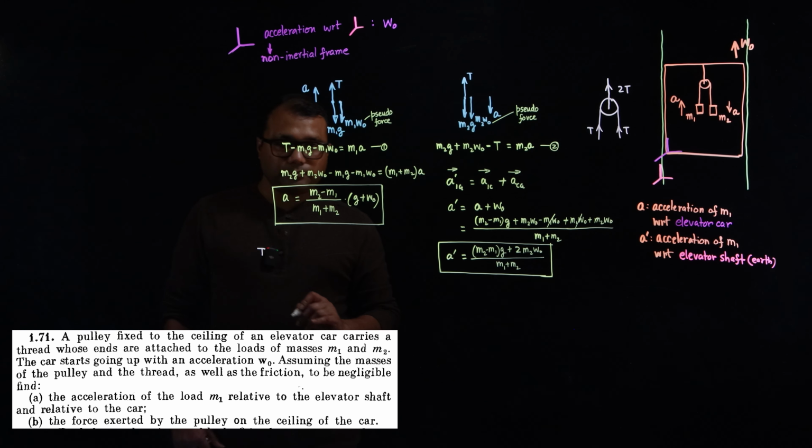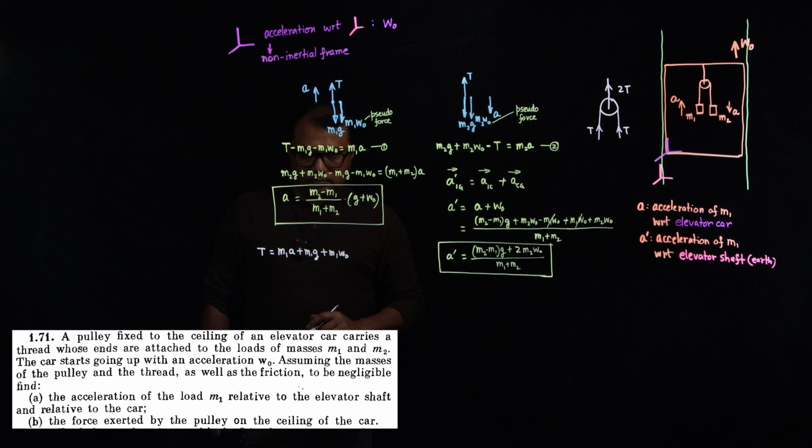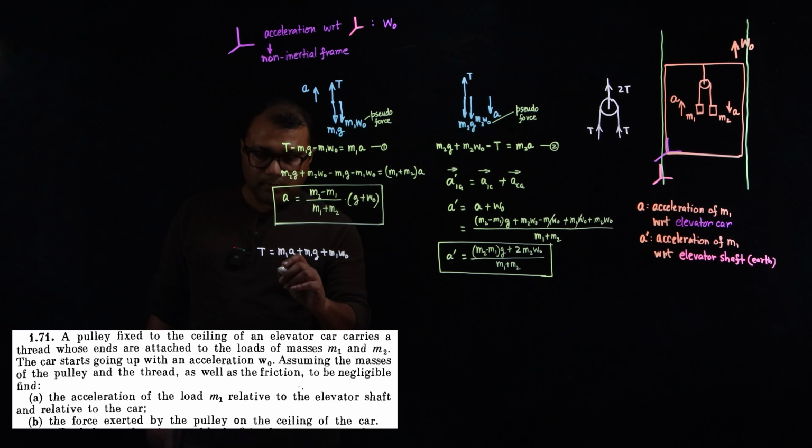T equals m1a plus m1g plus m1w0. Now m1a, just expand this, okay?